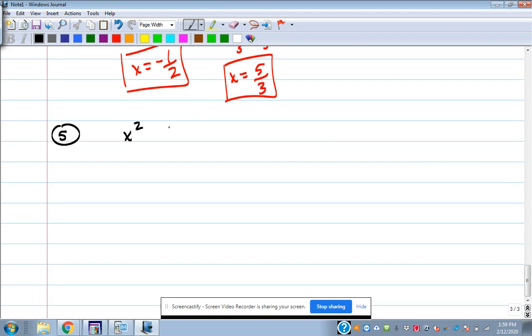X squared plus 5x equals 25 plus 5x. This one here.